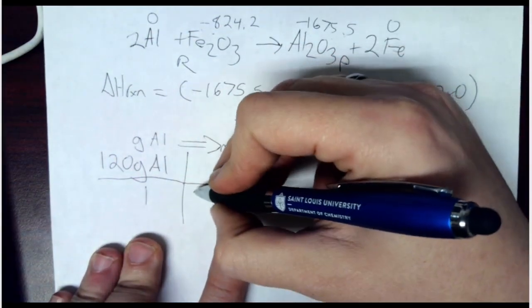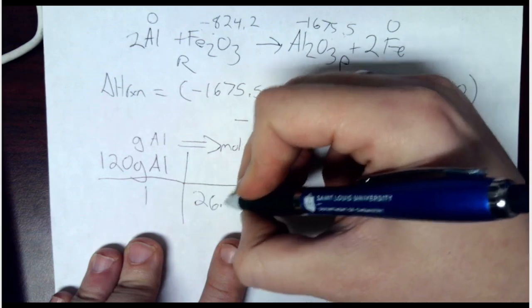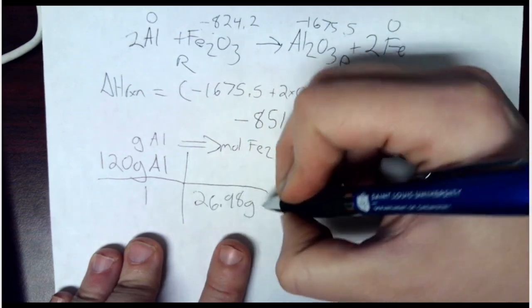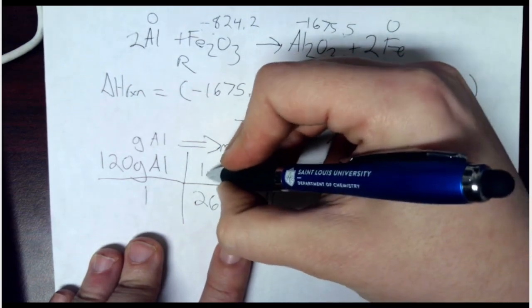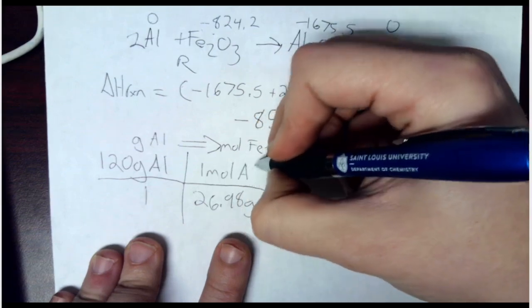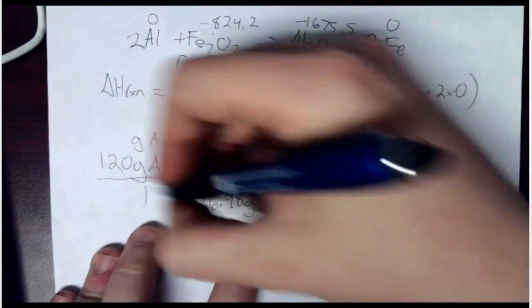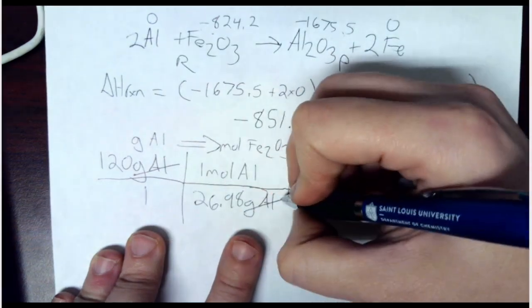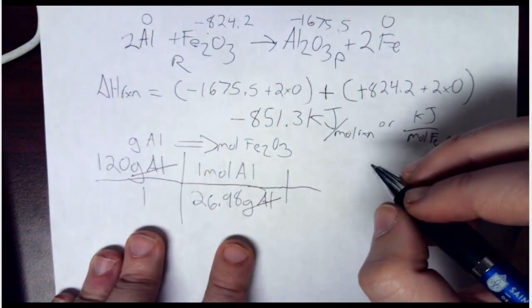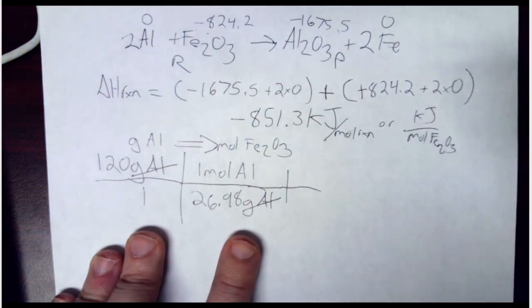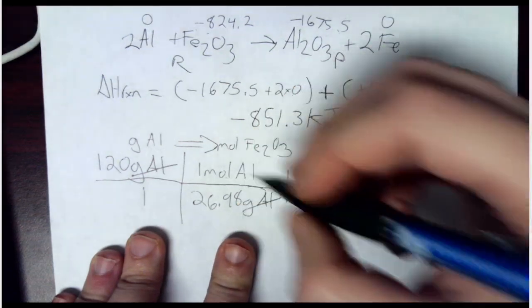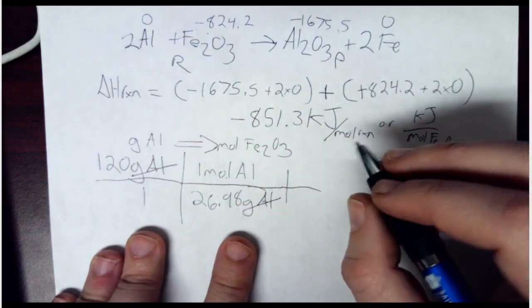If the molar mass of aluminum is 26.98 grams of aluminum per 1 mole of aluminum, where would I get these numbers? The periodic table. I've provided said numbers so we don't have to go to the periodic table, but that's where they're from. So that is the moles of aluminum.